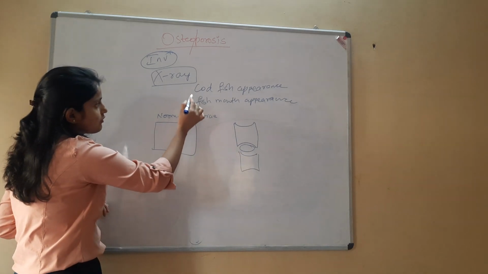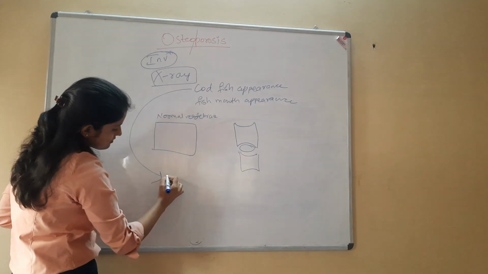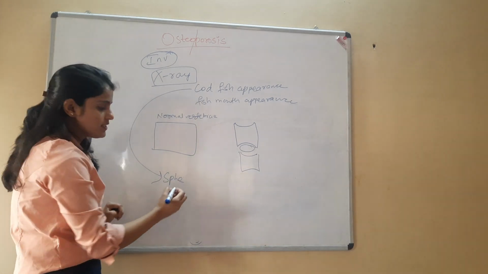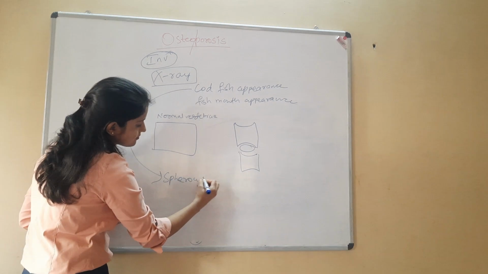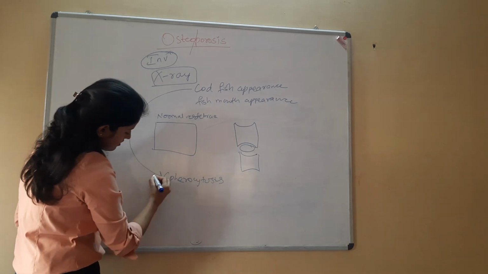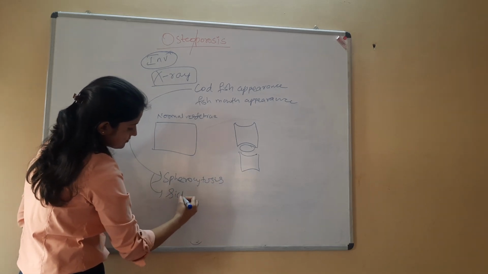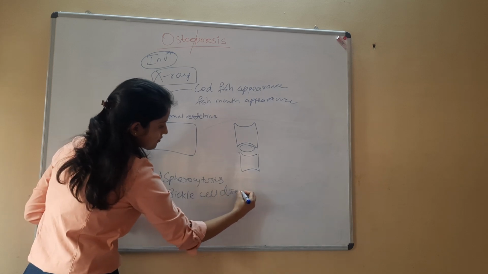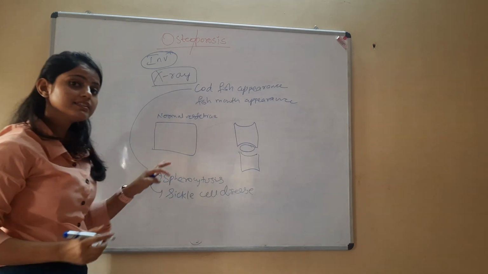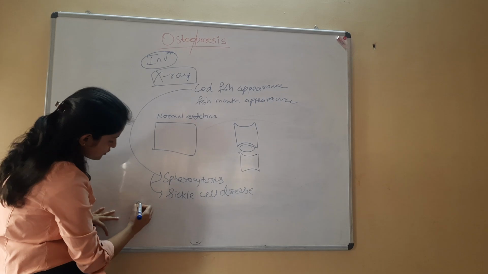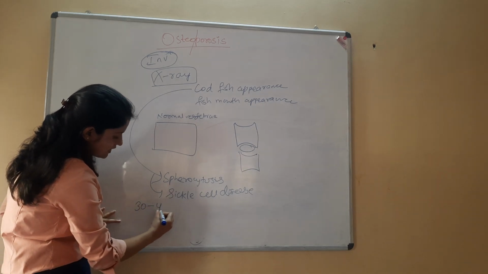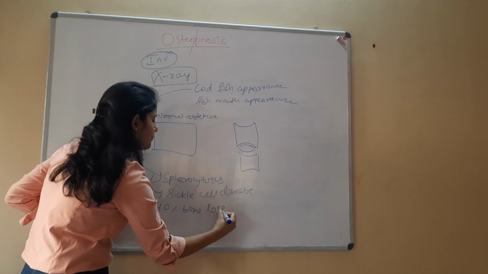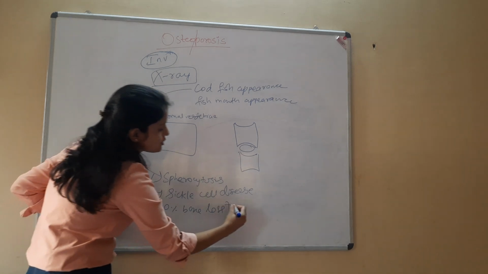Codfish appearance is also seen in, first and most commonly osteoporosis, then spherocytosis, and sickle cell disease. But an X-ray is visible only when there is 30 to 40% bone loss, which is prone to fracture.